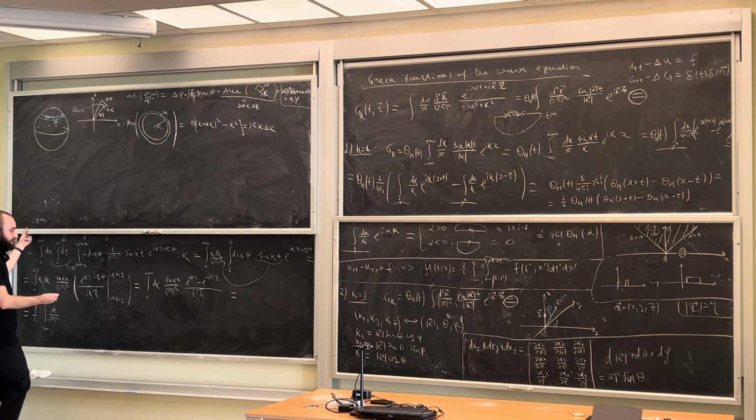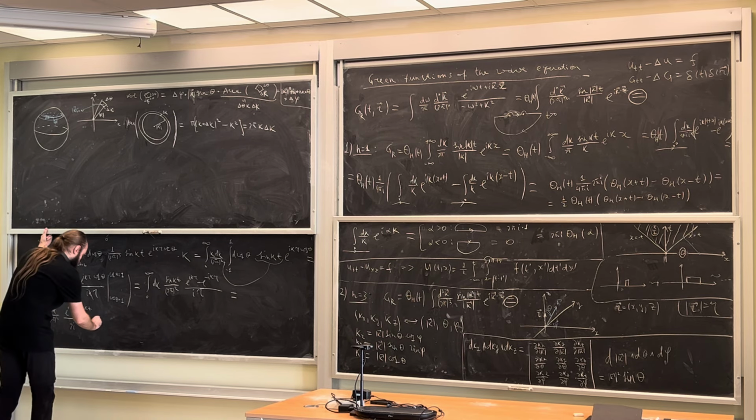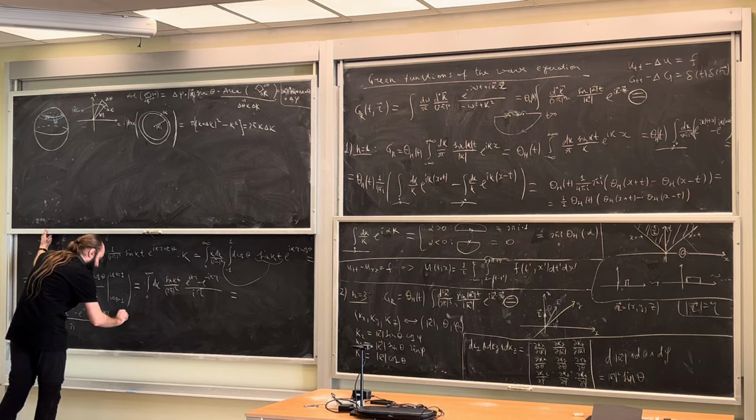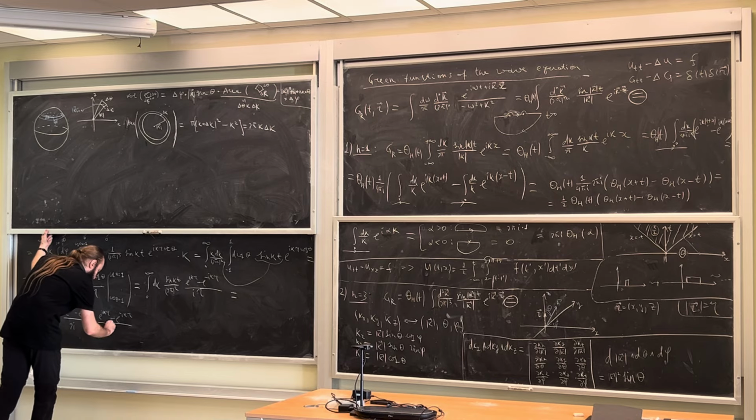And let us write these sines as exponentials explicitly: e to the i k t minus e to the minus i k t over 2i, times e to the i k r minus e to the minus i k r over i r.